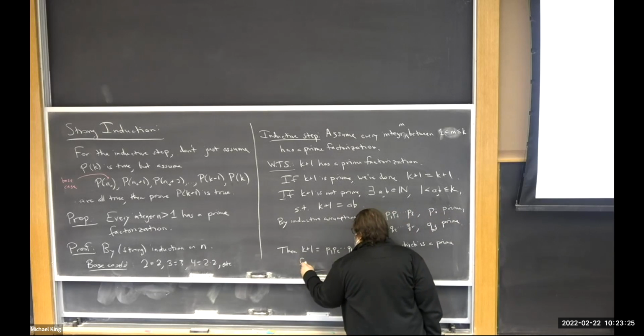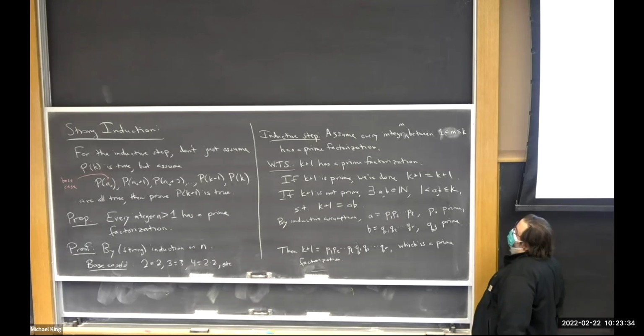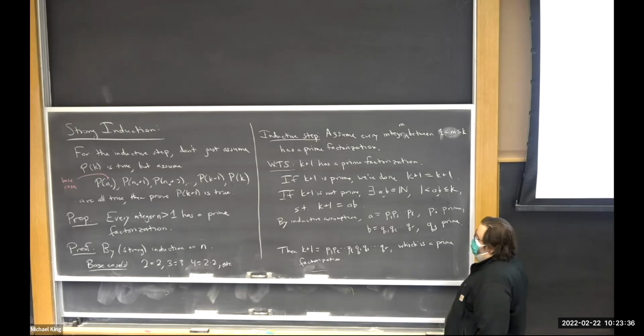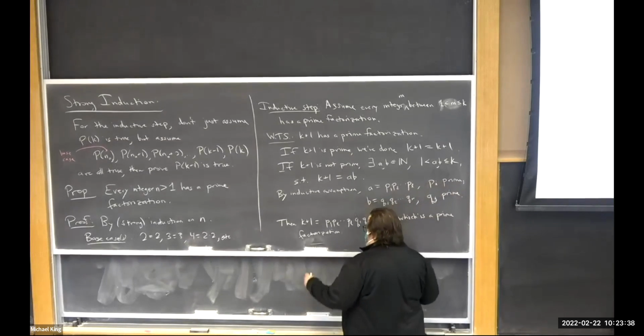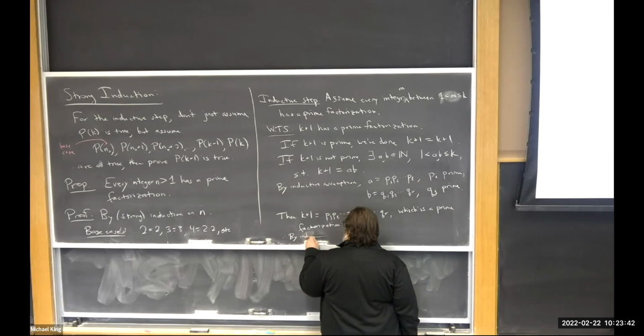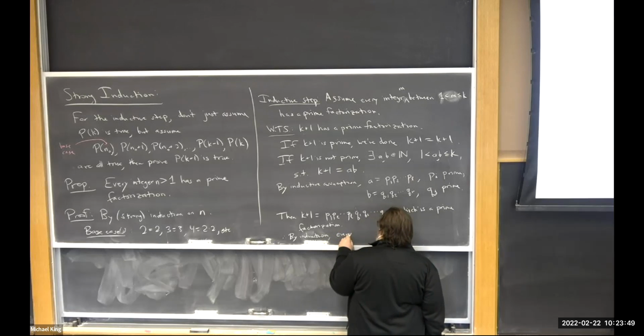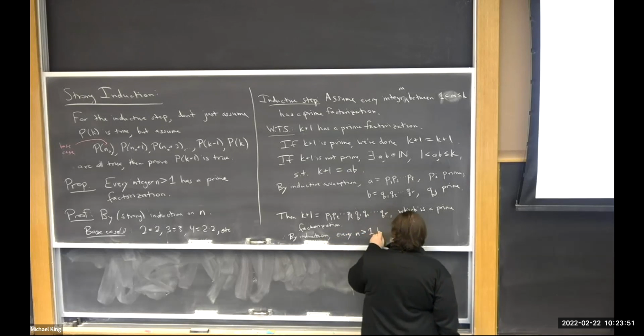Okay, so I kind of like this proof because you break it down and then you just write the prime factorizations of the two smaller ones and put them together. And that's it. So that proves the inductive step. So therefore, by induction, every n greater than 1 has a prime factorization.